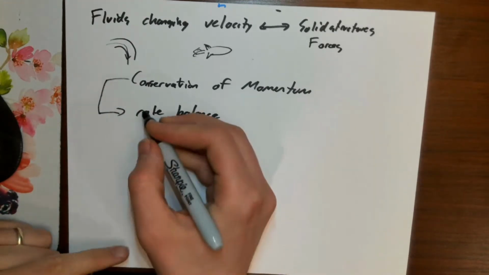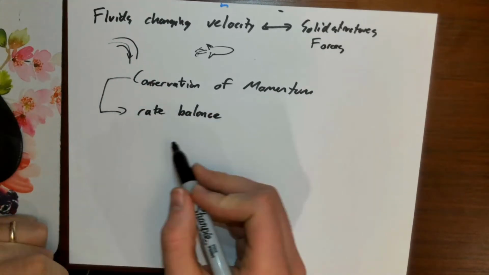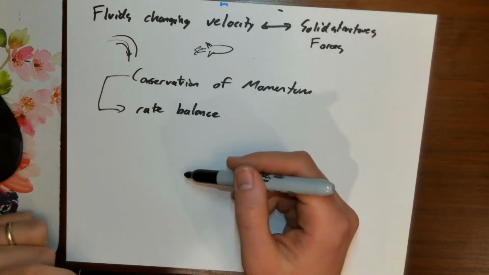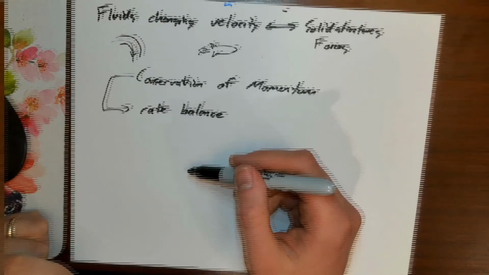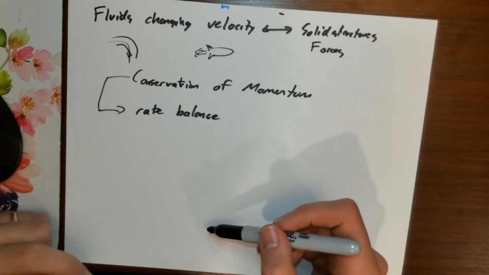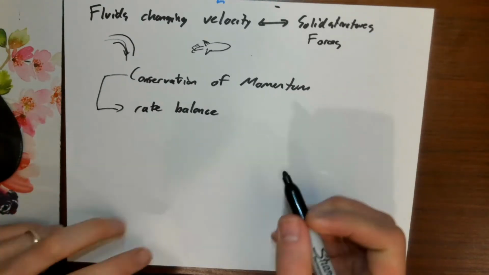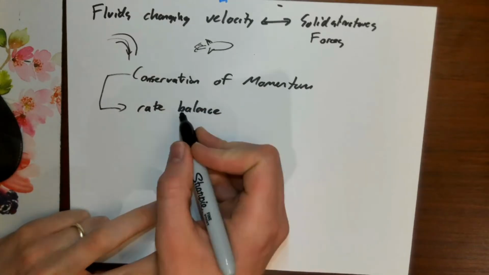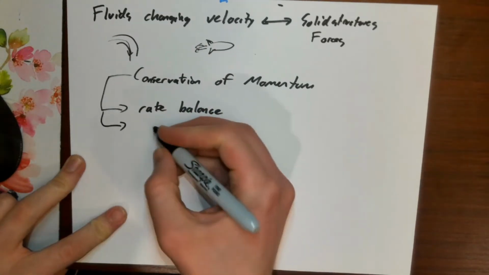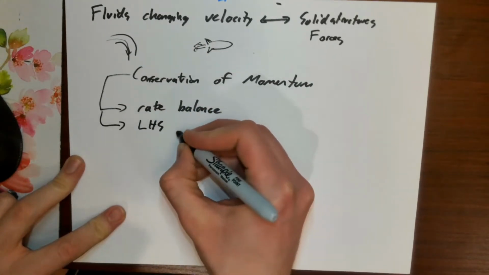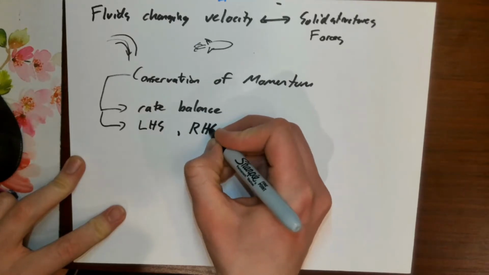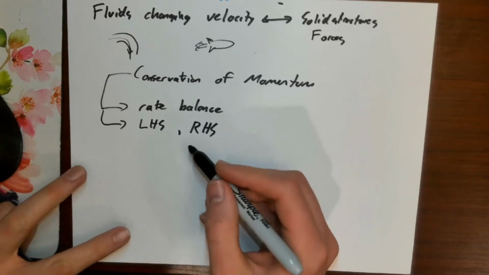Well, we're going to formulate conservation of momentum as a rate balance. We're going to talk about what's involved in that process, and we're going to go through an example problem at the end to talk about it.